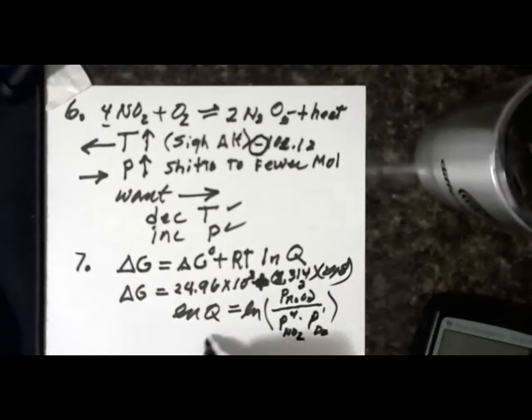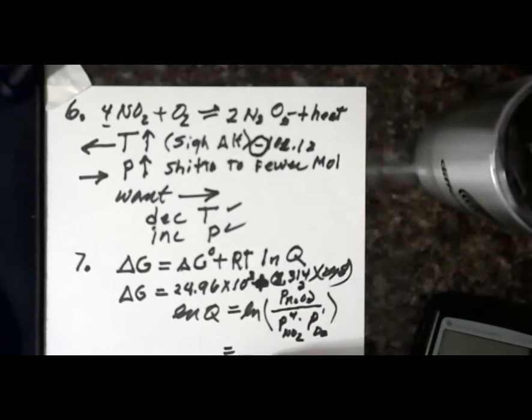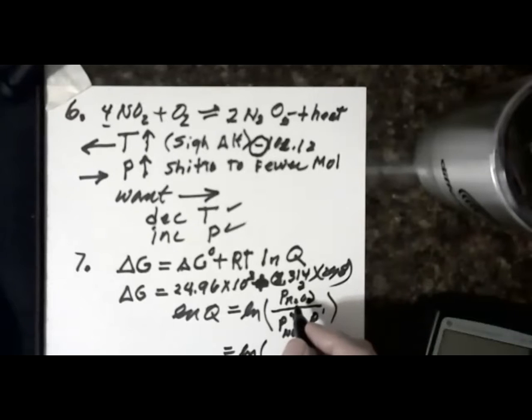So let's go ahead and do that part of the calculation. We're told in the problem the pressure, well, actually the pressure is going to be to the balancing coefficient. So that's going to be the log of the pressure of N2O5, which is 2 atmospheres, and it's squared. The 2 is given in the problem.